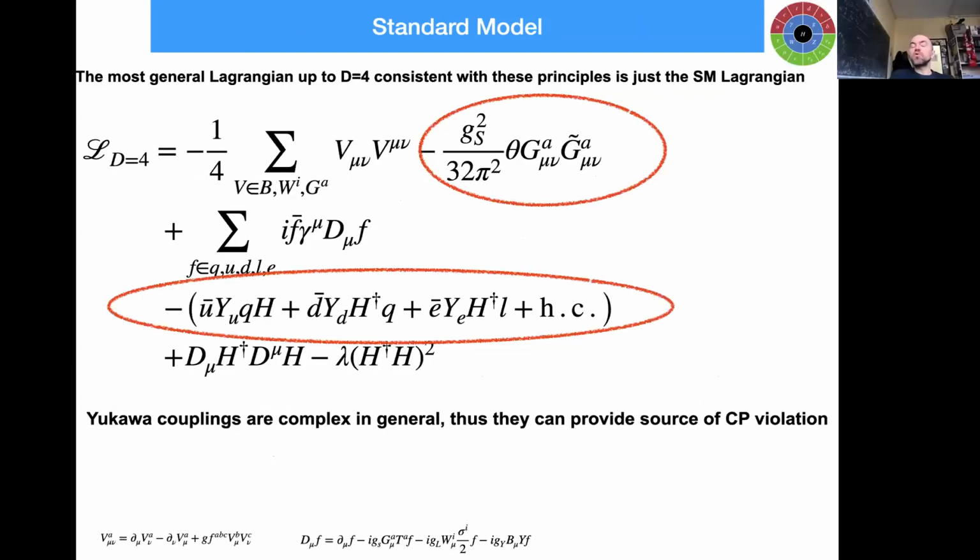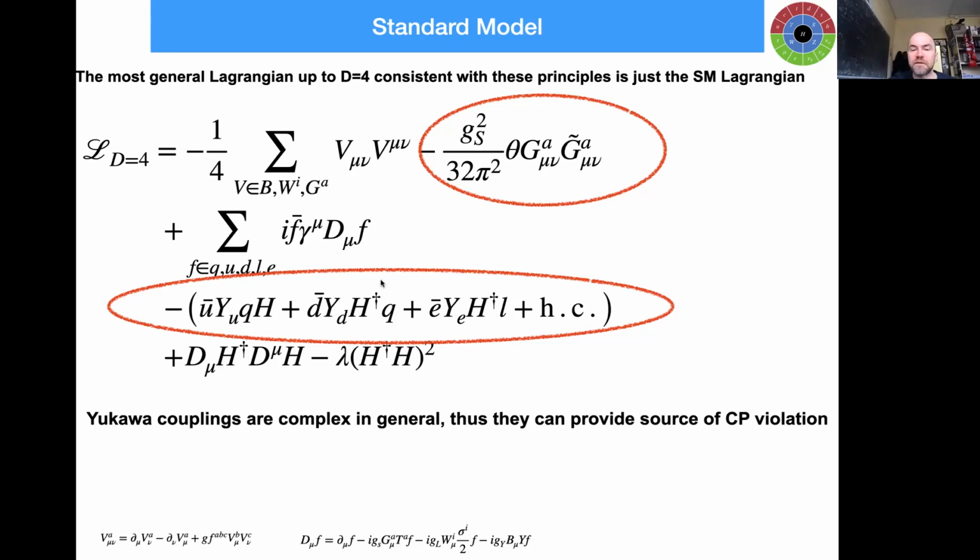Yeah, so you could write them. You can prove that they are not physical, so they don't give you any physical effects. Maybe you know the story that this theta term is not exactly the physical parameter. What is actually the physical parameter is a combination of theta and some combination of the phases in the quark mass matrix.